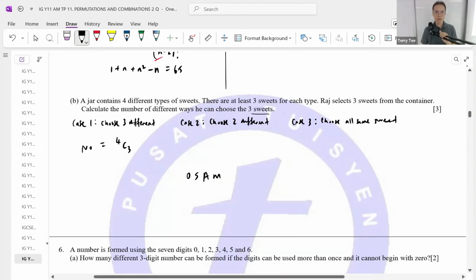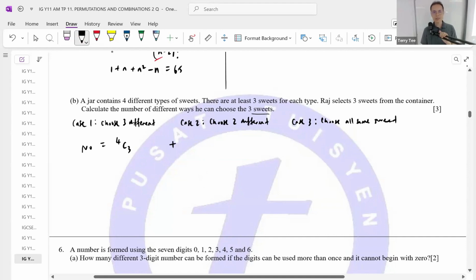I can choose orange, strawberry, apple, or strawberry, apple, mango, or orange, strawberry, mango, or orange, apple, mango. So there are actually 4 ways. You can work it out: 4C3 is actually 4.